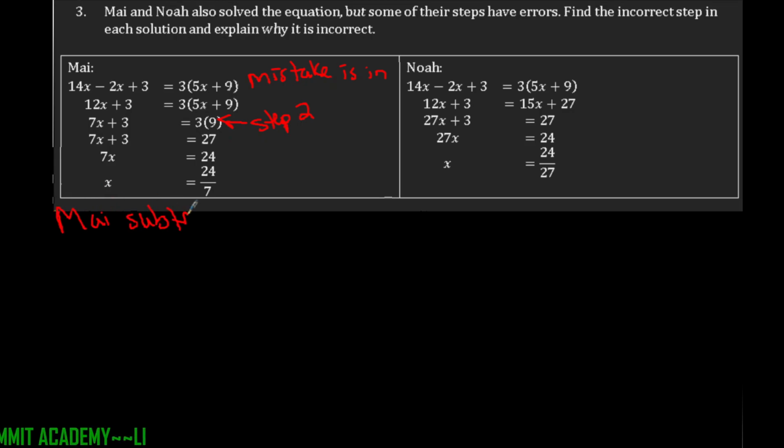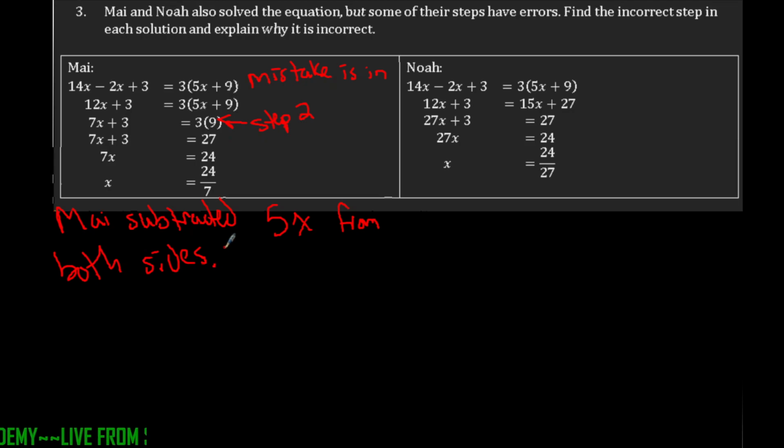subtracted 5x from both sides. And what they should have done is you must first distribute, meaning multiply.